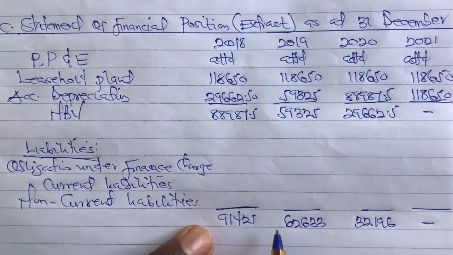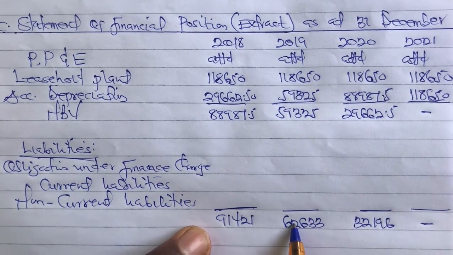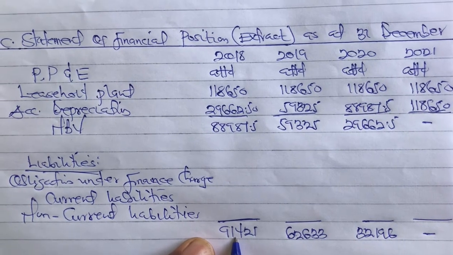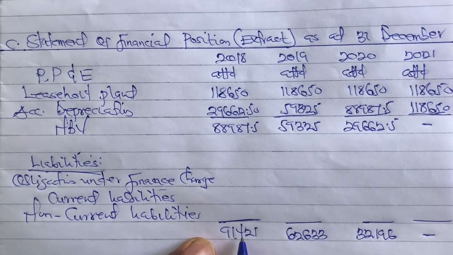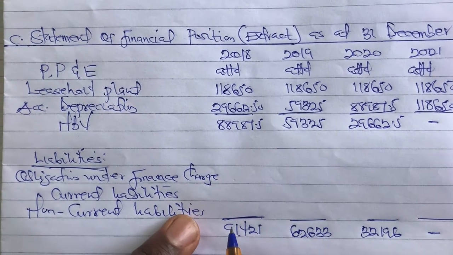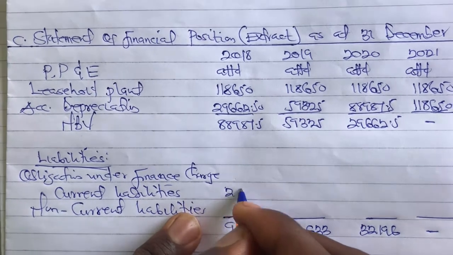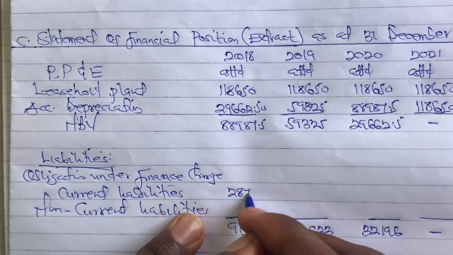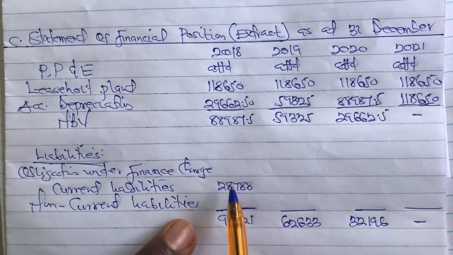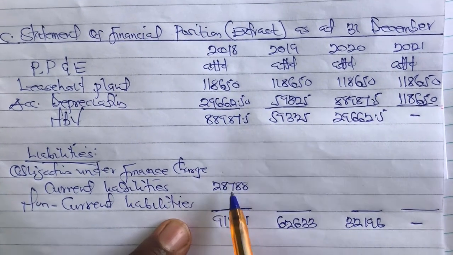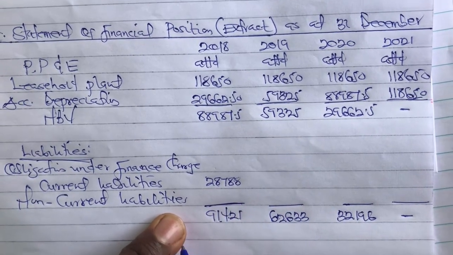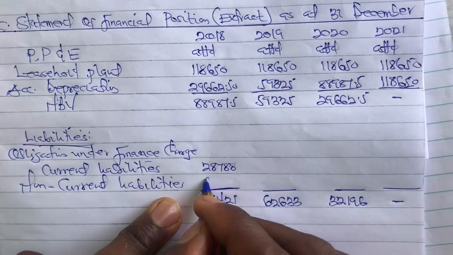So to determine that, we take the liability at the close of 2019 from the liability at the close of 2018, and this gives us the current liability for 2018. So we take this from this. Is that okay? And that is going to give us 28,788 as the current liability for 2018. So if current liability is this, then the non-current liability, we take this from the total to get the non-current liability, and that is 62,633.